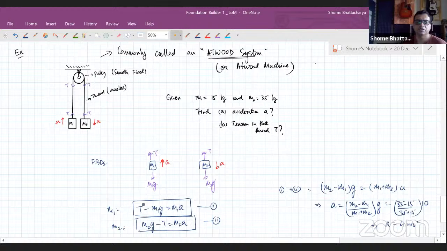Please make sure you understand the sign convention. For the block M1, we are taking the upward direction as positive because the acceleration is upwards, whereas for the block M2, we are taking the downward direction as positive because the acceleration is in the downward direction.